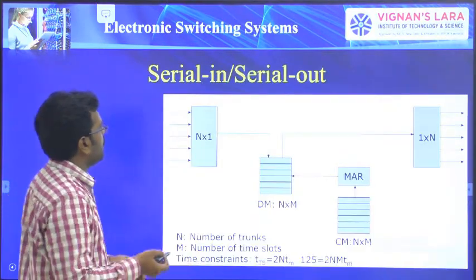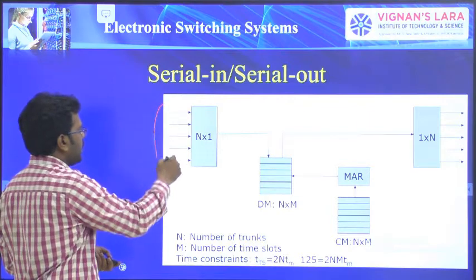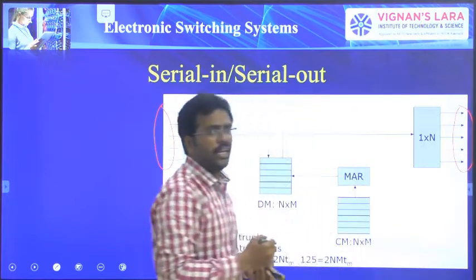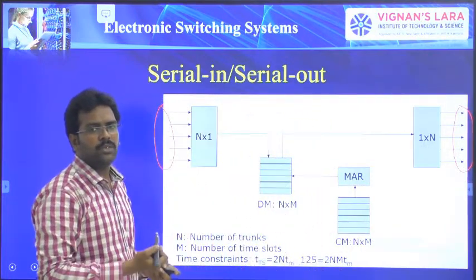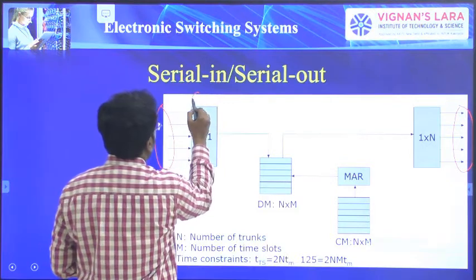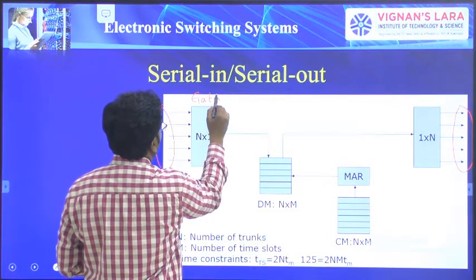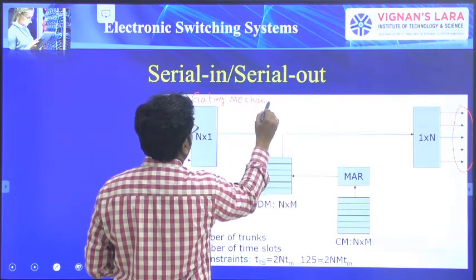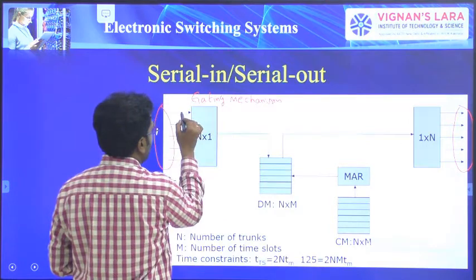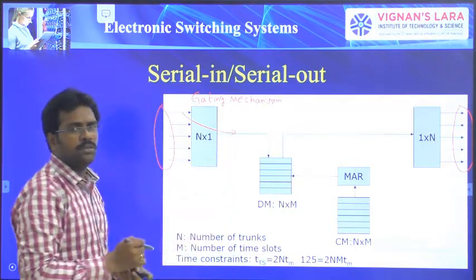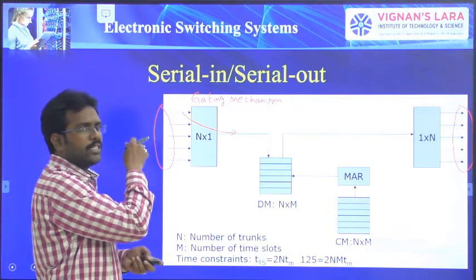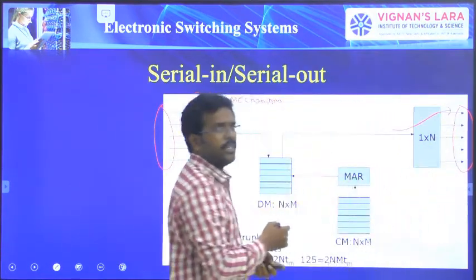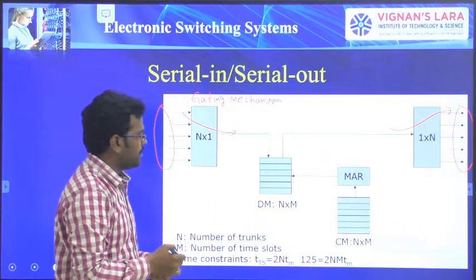Here there are n inlets and n outlets, but you have to transmit the data serially in as well as take the data serially out. For that you have to use some gating mechanism at the inlet side as well as the outlet side, so that only one inlet is able to transmit. It sends data serially and takes the data serially, hence the nomenclature serial in, serial out.